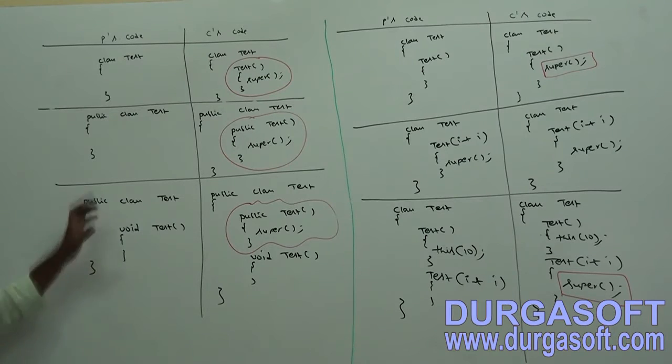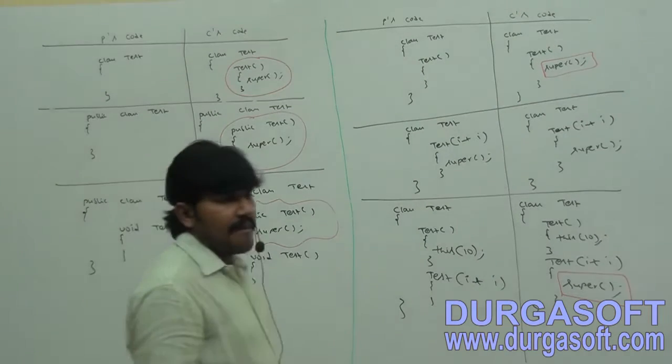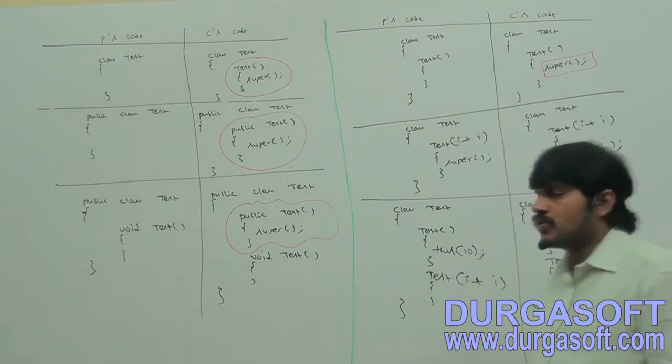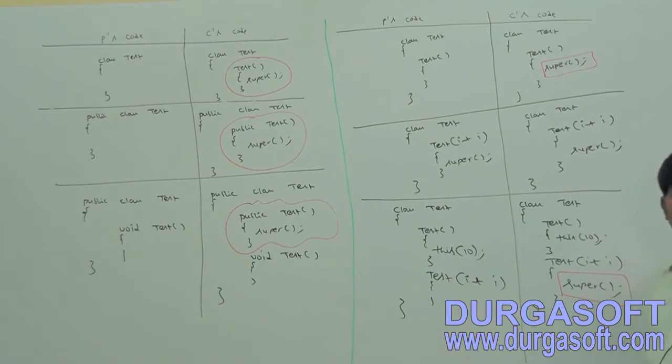Completed, I hope. So add all, I mean completed means the heading. Take all these options: programmer's code, compiler generated code.